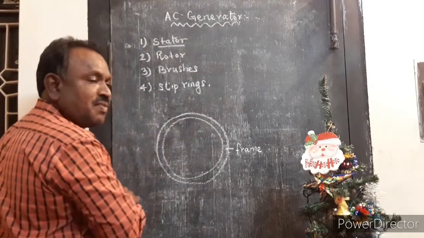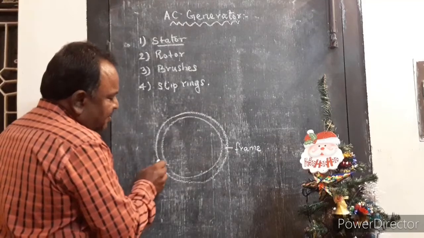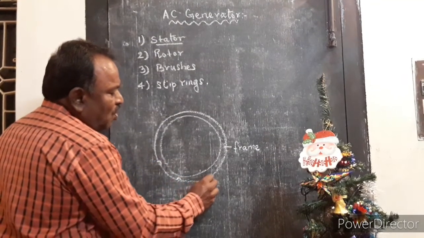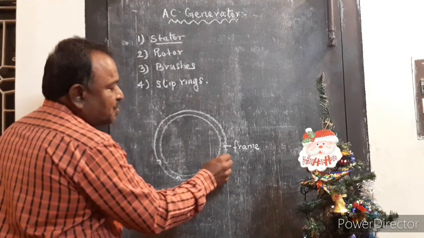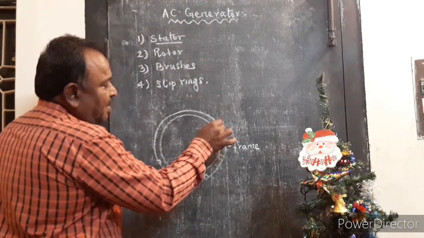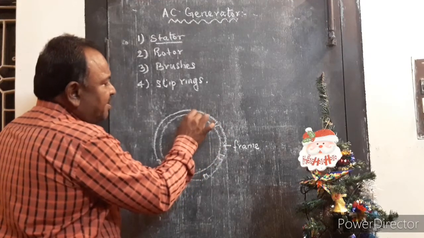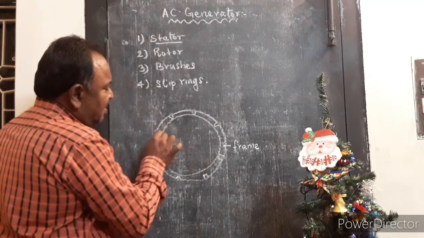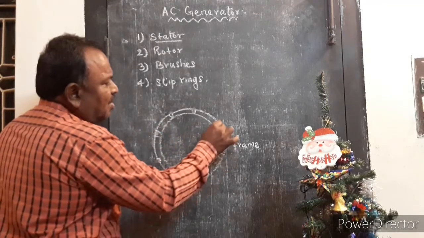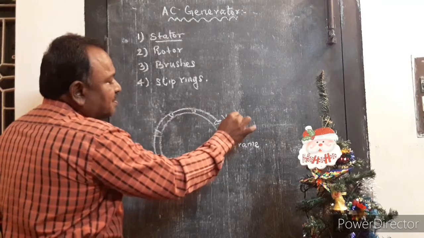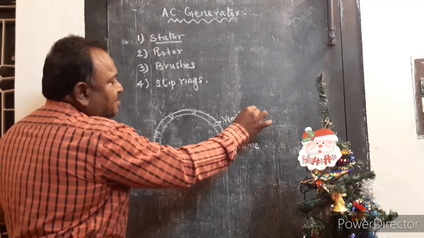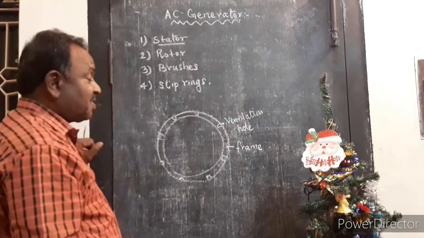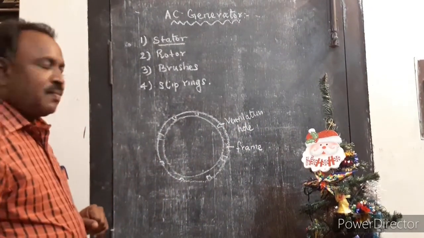In this stator frame, there are a large number of ventilation holes, so that good ventilation is provided for the armature coil. These are the ventilation holes.